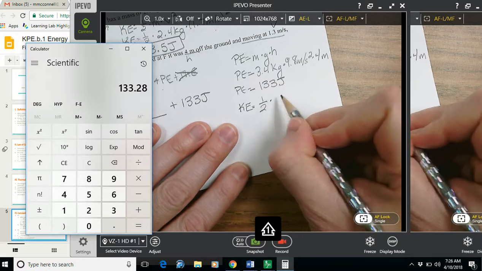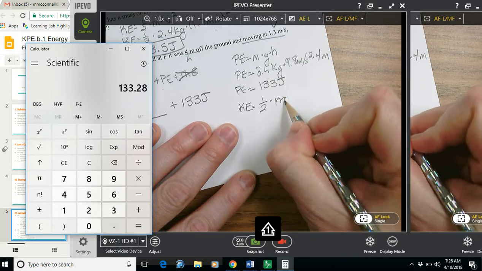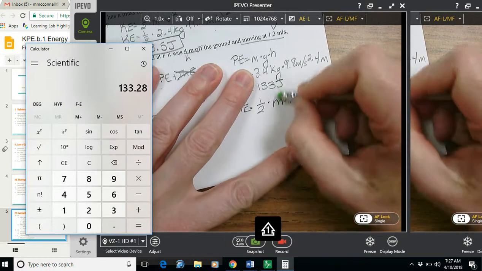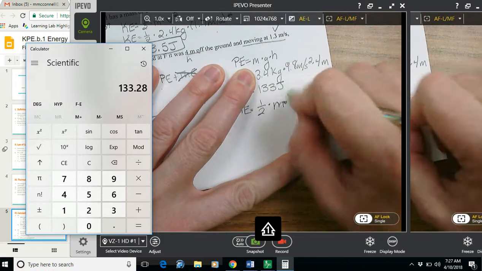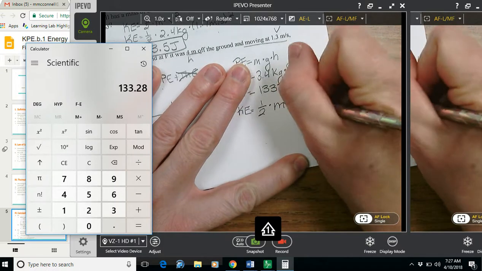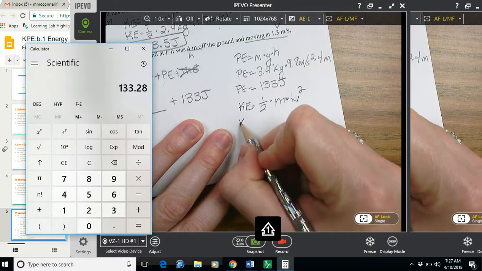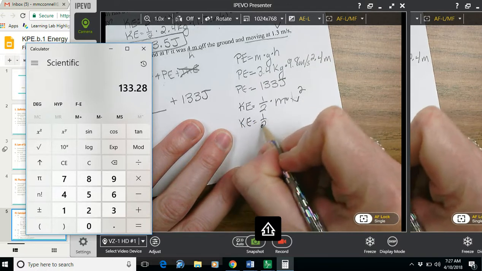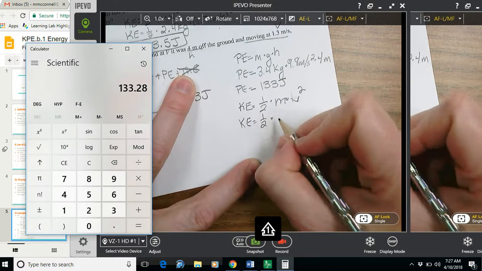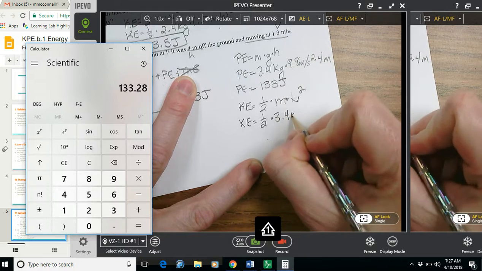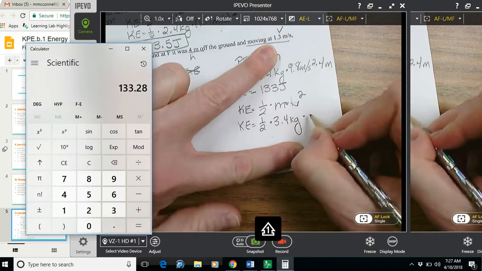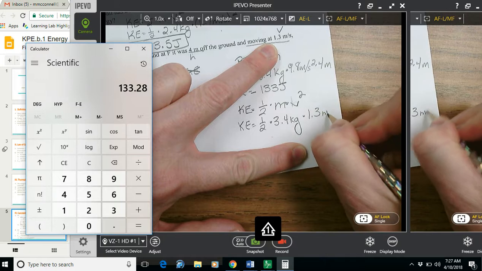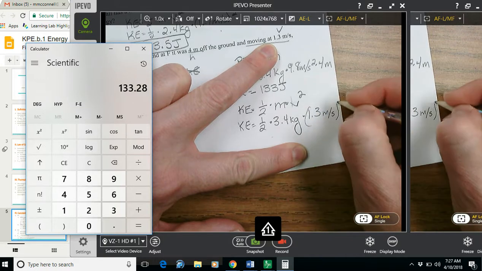For kinetic energy, we have 1/2 times mass times velocity squared. Kinetic energy equals 1/2 times 3.4 kilograms times 1.3 meters per second squared.